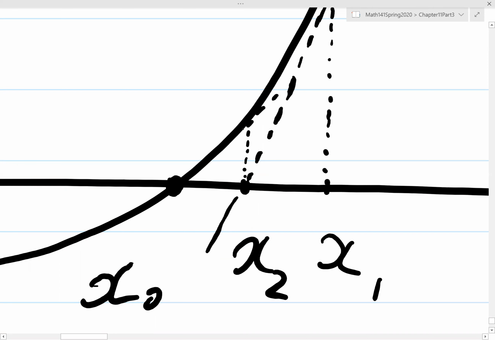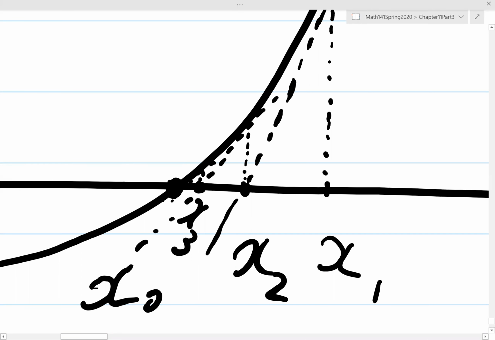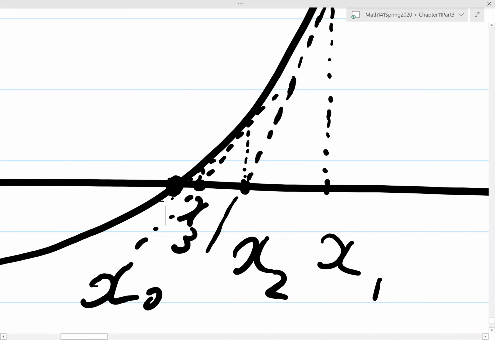The tangent line intersects at x3. You see, x3 is even closer to x0 now. Then do the above to x3: lift x3 upward and do the tangent line again. You see, this converges really fast. The above process usually converges quickly to the root x0.